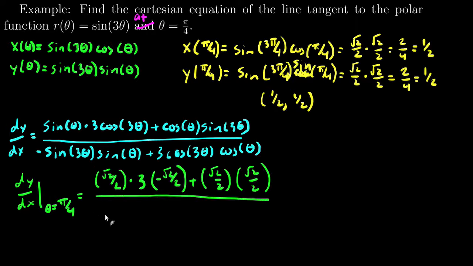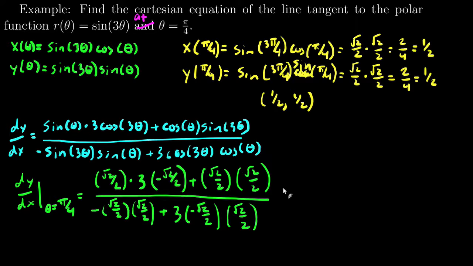All divided by the negative sine of 3 pi over 4, which is root 2 over 2, multiplied by the sine of pi over 4, which is also root 2 over 2, plus 3 times the cosine of 3 pi over 4, which is negative root 2 over 2, times the cosine of pi over 4, which is root 2 over 2.